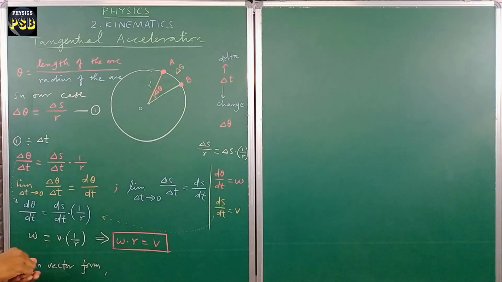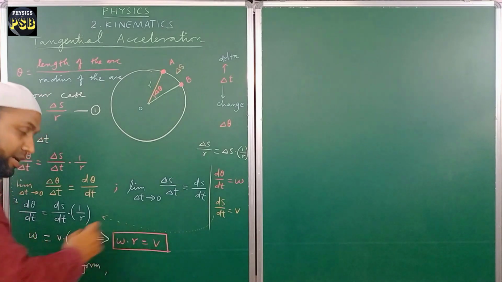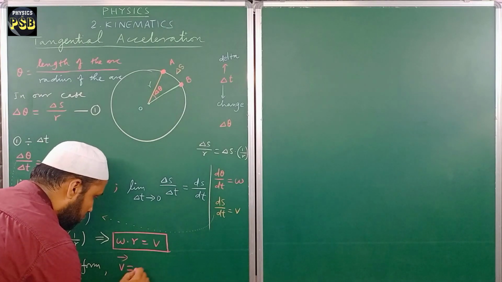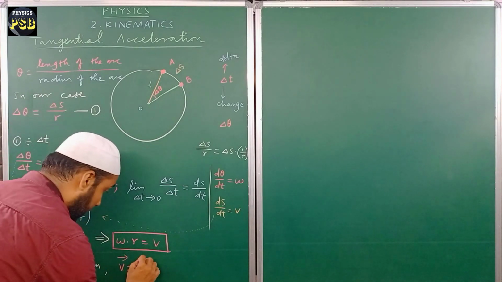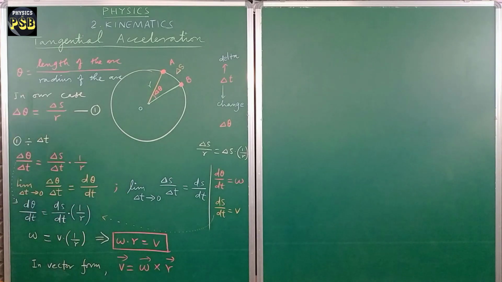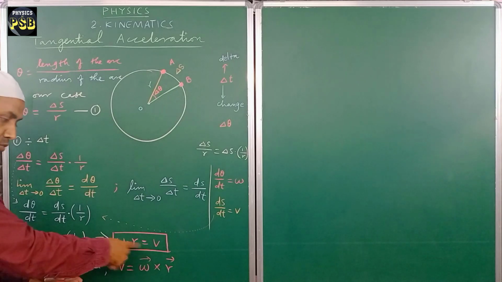Actually, we have to relate them in this manner: v vector equals omega vector cross r vector. Now this provides us the cross product, the vector product.